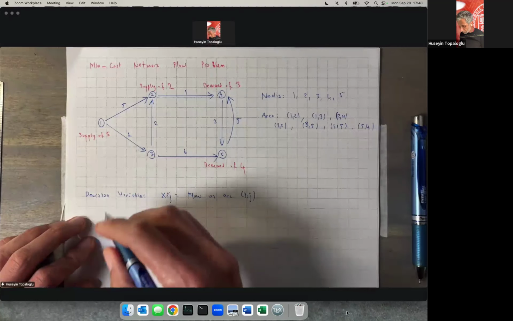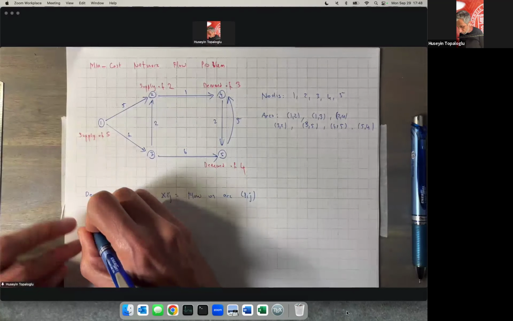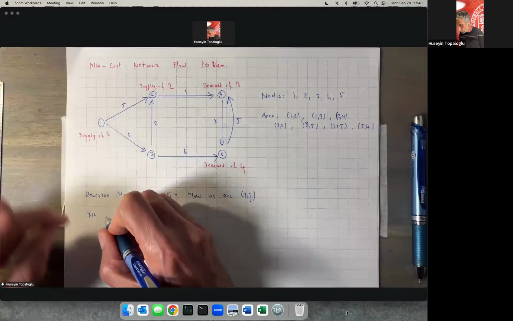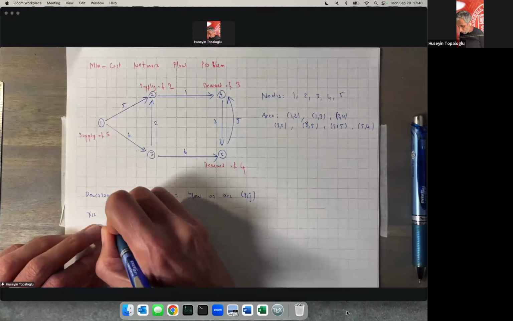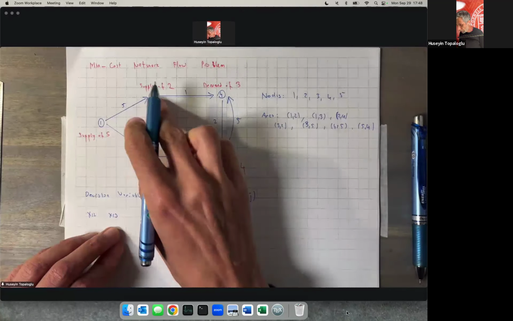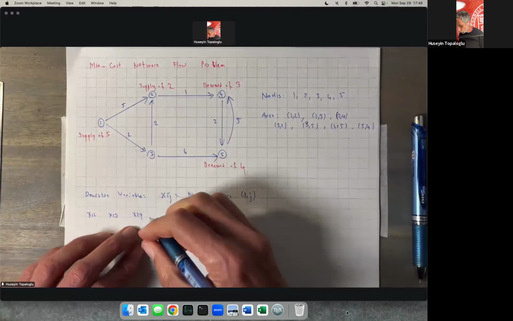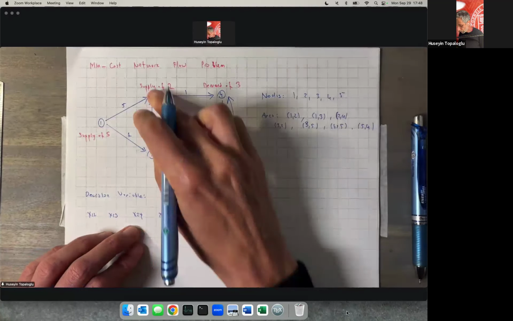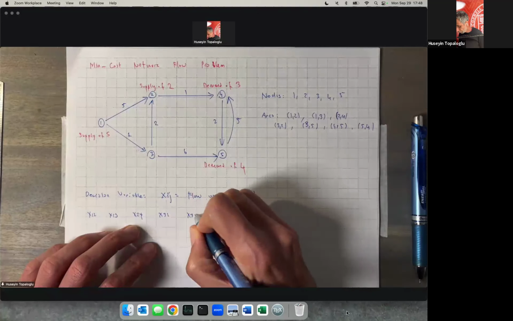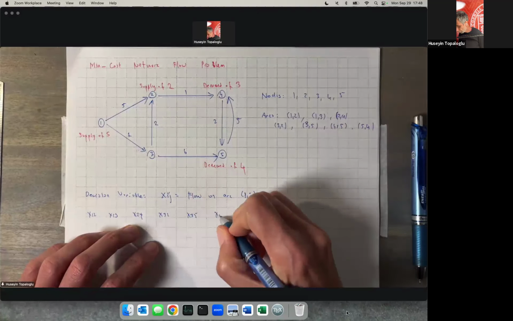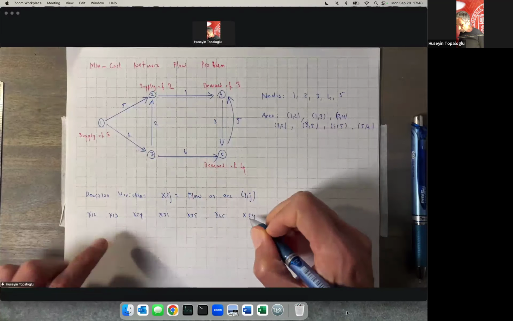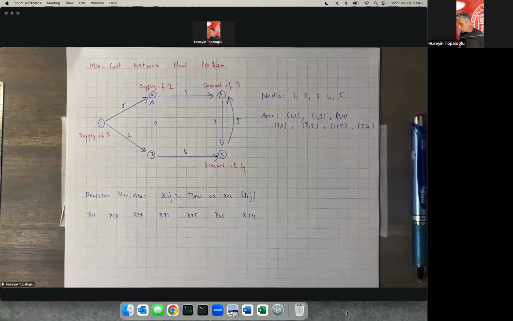Okay, so then what are my decision variables? I'm going to have x12, that is the flow on this arc that goes from node 1 to node 2. I have x13, flow on this arc. I have x24, flow on this arc. x32, flow on this arc. x35, x45, and x54. Okay, so those are going to be my decision variables.